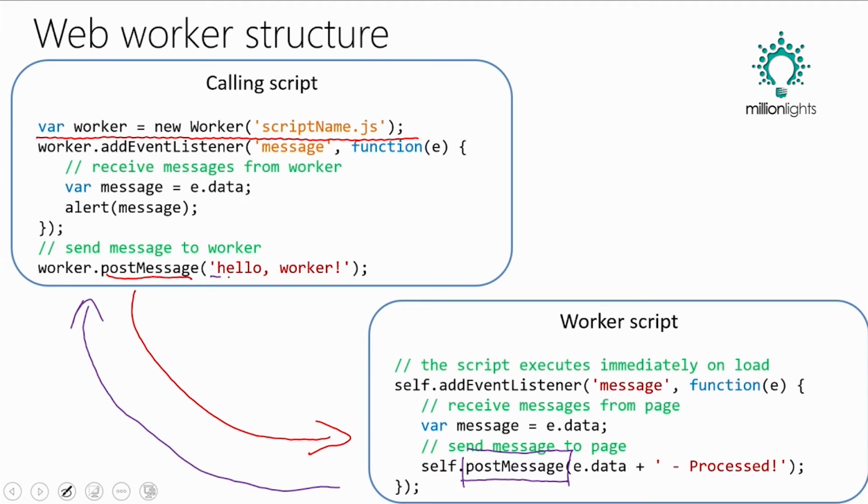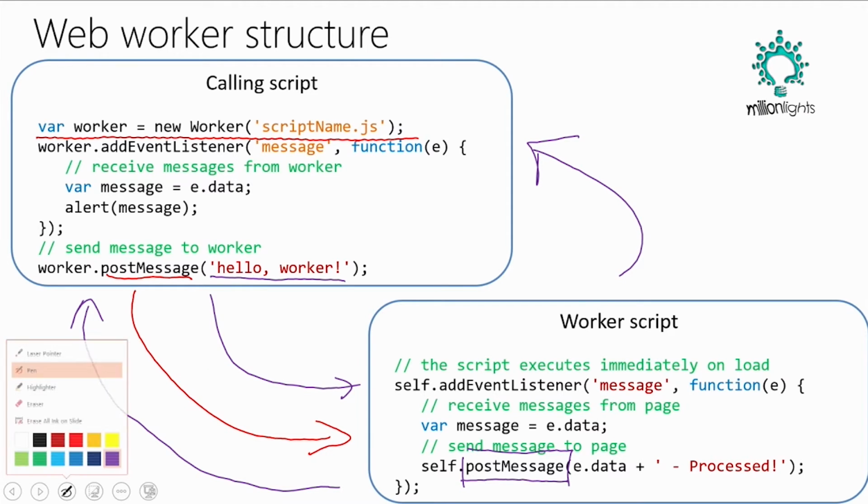Now you're going to notice in my little sample script here that I just have basic text. You could absolutely use an object, and we'll come back and take a look at that in just a couple of minutes and show how you could do that. You're also going to notice the event in question, so that if we send a message down to the worker or if we send a message to the calling script, the question then becomes, how do we actually capture that message?